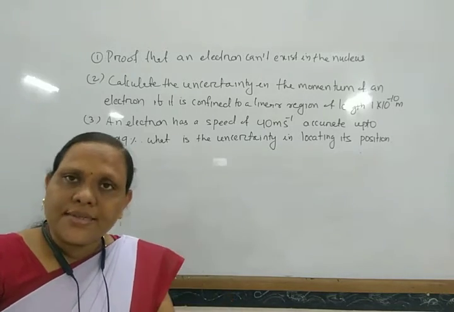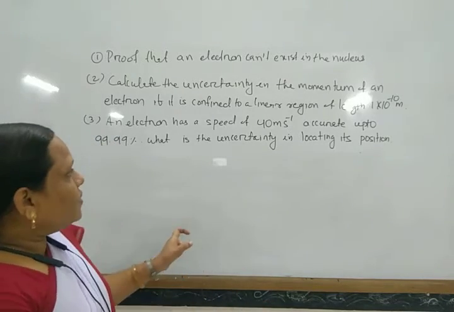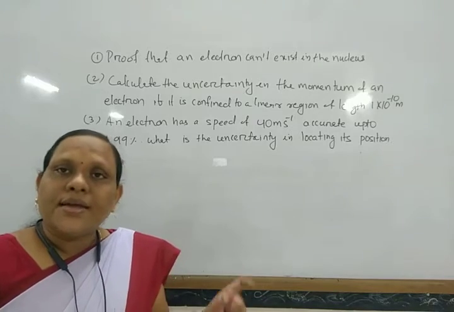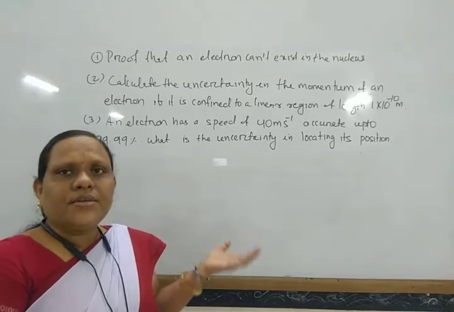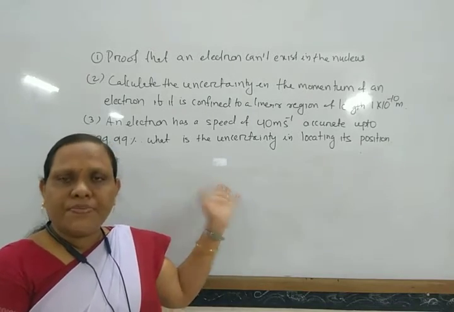Then what is the uncertainty in velocity? What is the uncertainty in velocity, or inaccuracy? That is 100 minus that much of percentage.